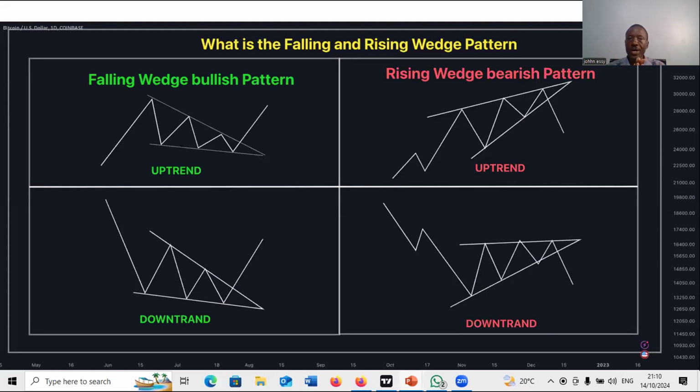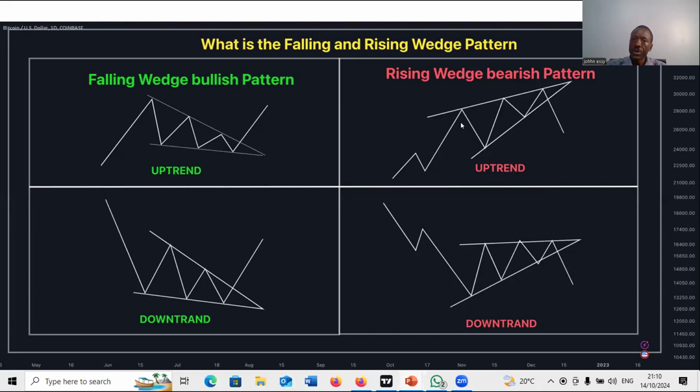Some will converge facing upward, and if the convergence is towards the upper side, we call them the rising wedge, like what you see on my left-hand side. These are rising wedges. The trend lines are converging at the upper end.